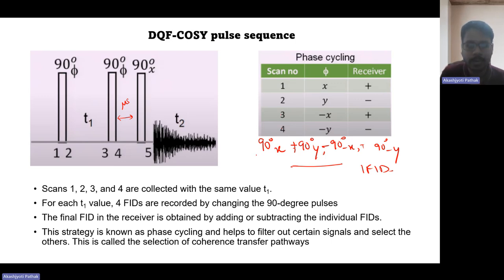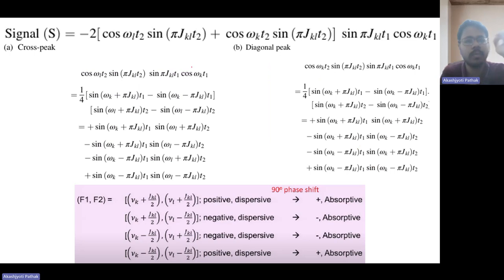This strategy is known as phase cycling and helps to filter out certain signals and select the others. This is called the selection of coherence transfer pathways. Okay.